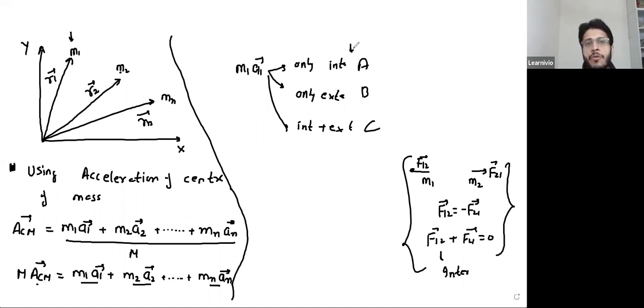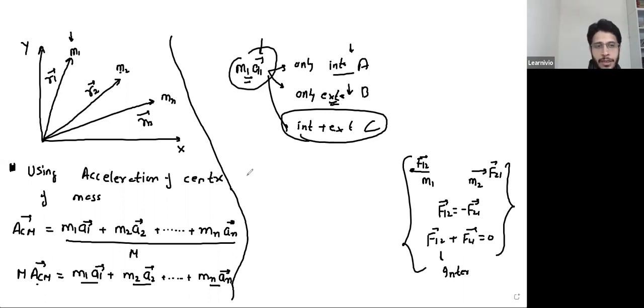But if you read the last line, that external force can change the motion of center of mass as well as the motion of individual particles, then you will come to a different conclusion. The first line says internal force can change the motion of an individual particle, the last line says external force can change it too. So actually it's internal plus external which can affect the motion of individual particles.